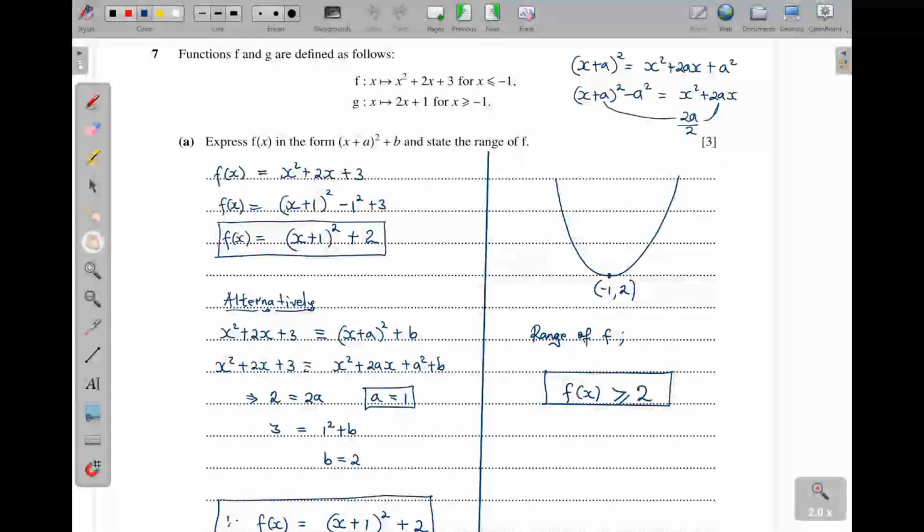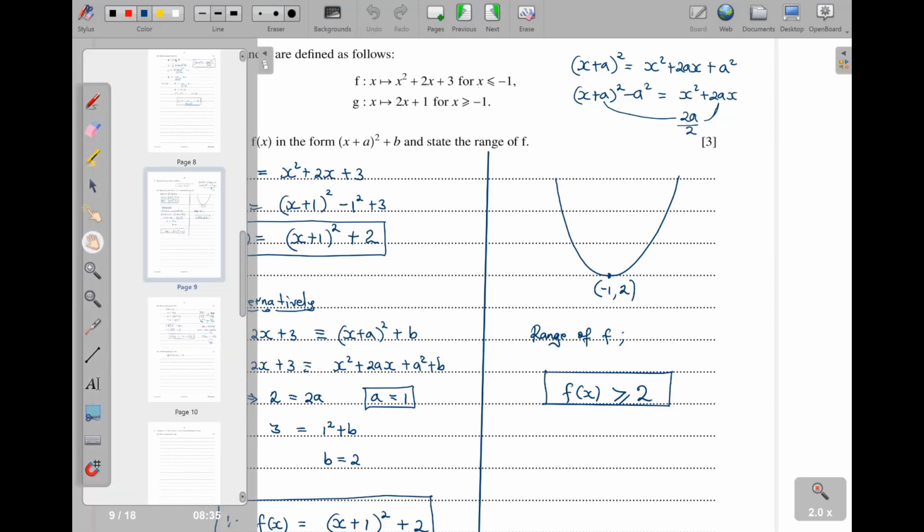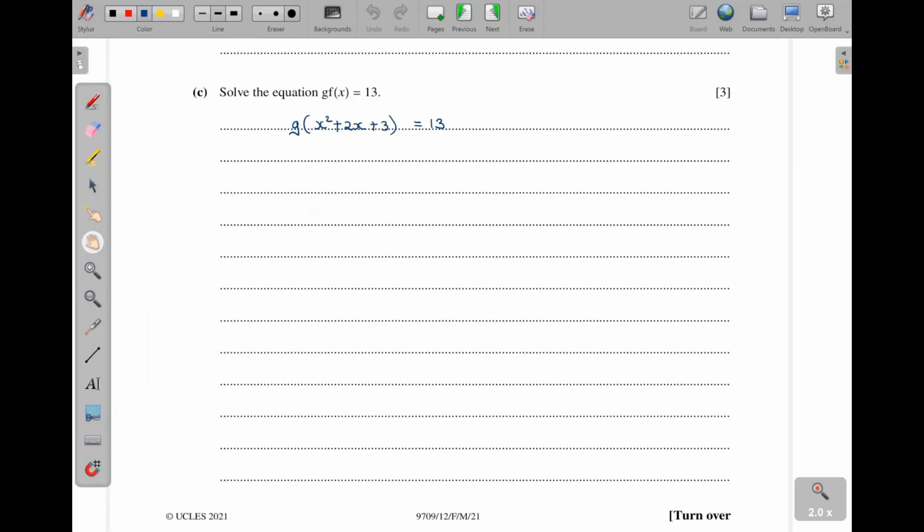So wherever there is x, we are going to substitute it with the f of x. So I'll have 2, then the x, I replace it with the whole of this, then plus a 1, then this one will be 13. Take the 1 here, that will be a 12, okay? Then x squared plus 2x plus 3.